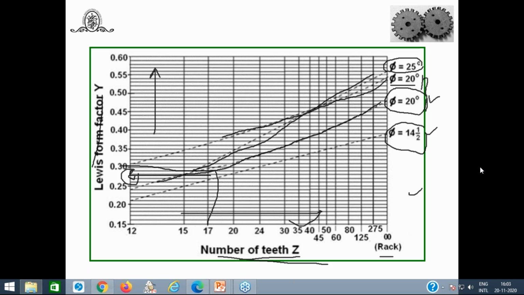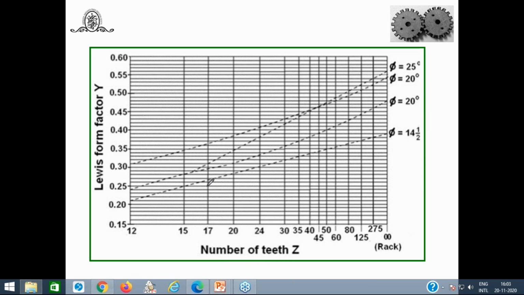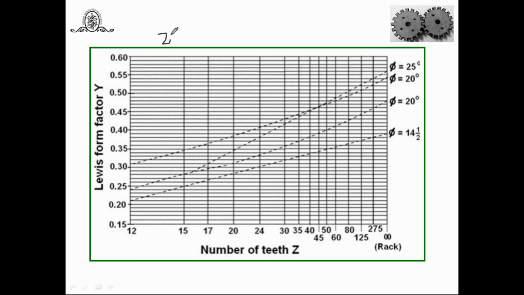Otherwise, instead of these charts, some empirical relations are given by some authors. Suppose for a 20 degree full depth involute system, Y is equal to 0.484 minus 2.87 upon Z. Now if you would like to find out Y for pinion, you have to take ZP, the number of teeth on the pinion. If you would like to find out the Lewis form factor for gear, you can use ZG.